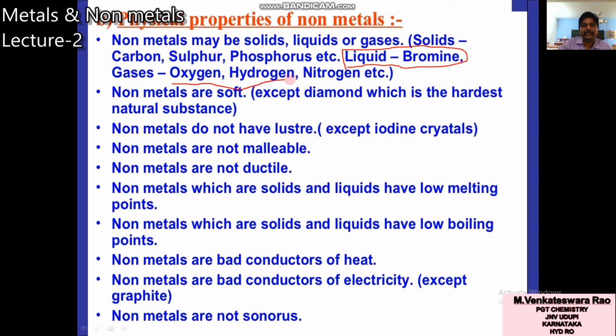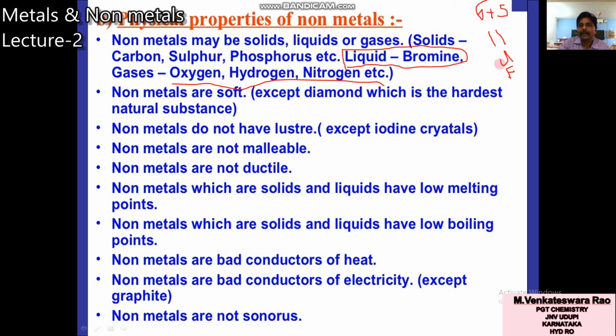Gases are not only these three. Total number of gases is 11. I will tell you the 11 gases now. Helium, neon, argon, krypton, xenon, radon. You know the noble gases, 6 elements. That is 6 gases, plus 5 more gases: oxygen, hydrogen, nitrogen, chlorine and fluorine.